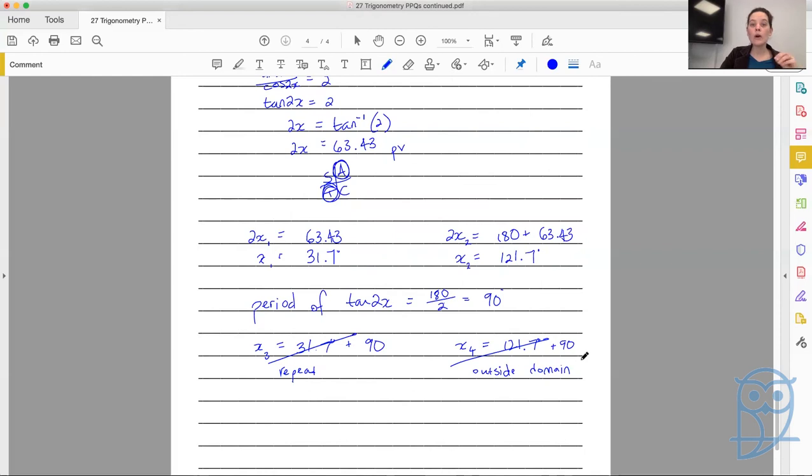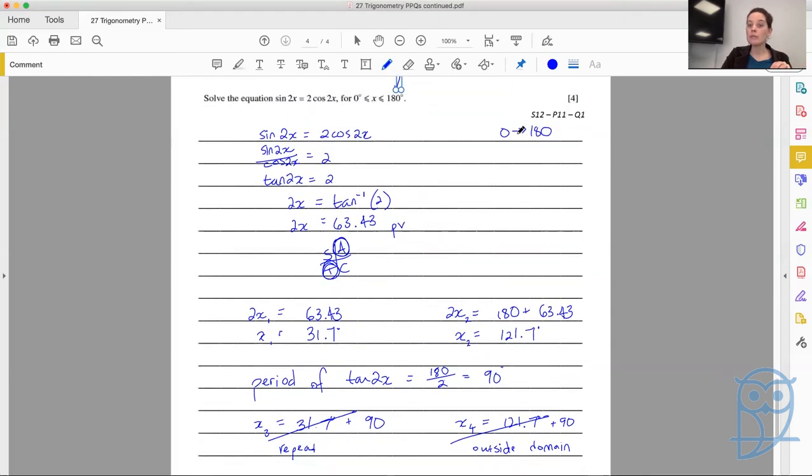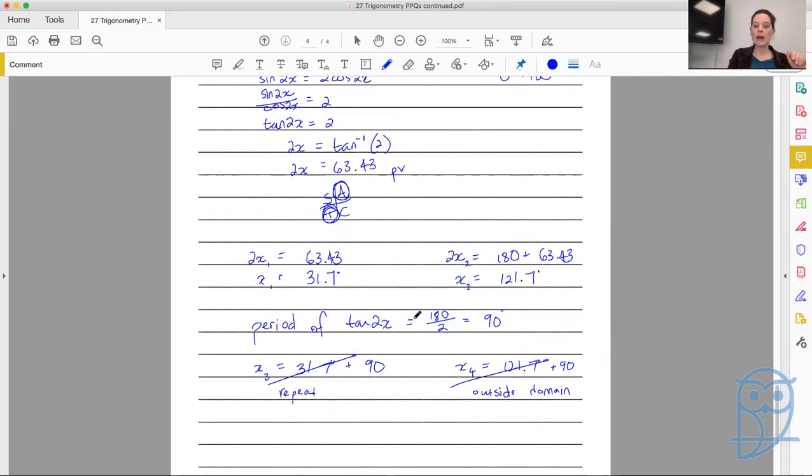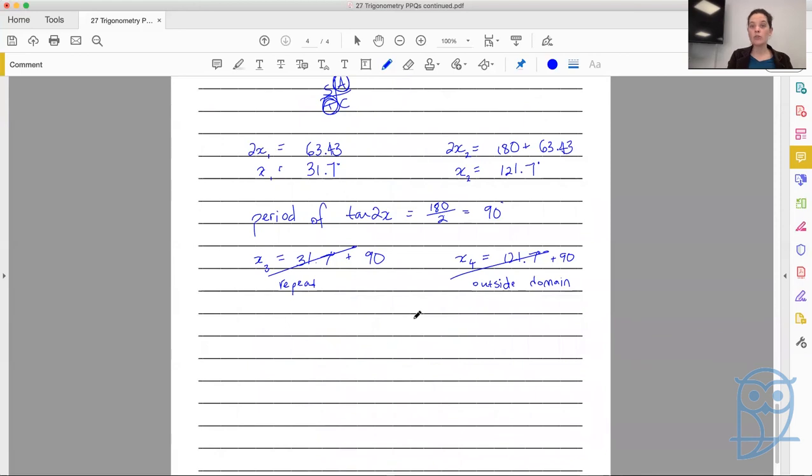So you're always going to that step of considering my period, reminding myself of my domain, and then looking at what my solutions are. In terms of subtracting our period, we're not going to do this in this one because that would be heading down towards the negatives, and we're already only going to 0. So we're happy then that we've got all our solutions within our domain.